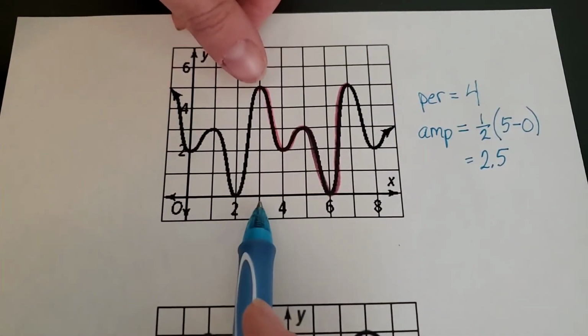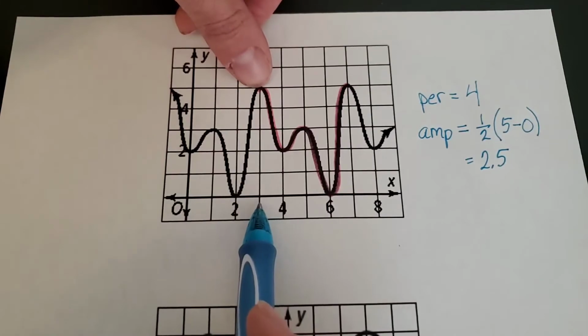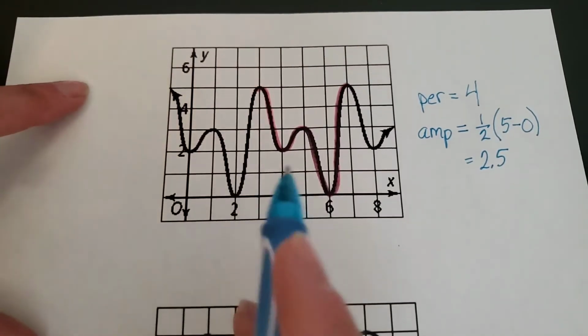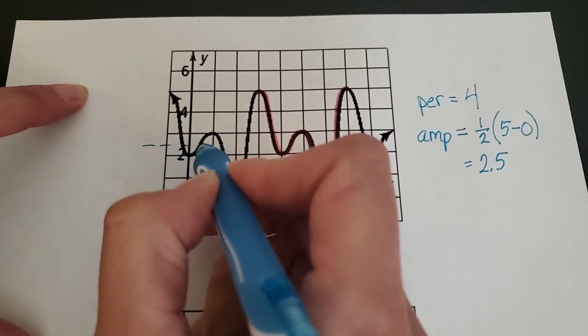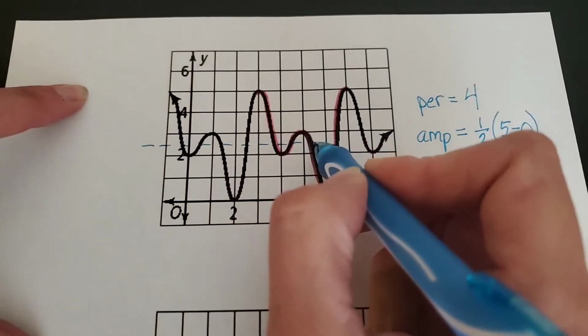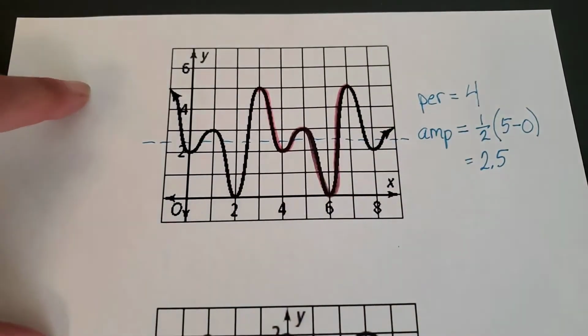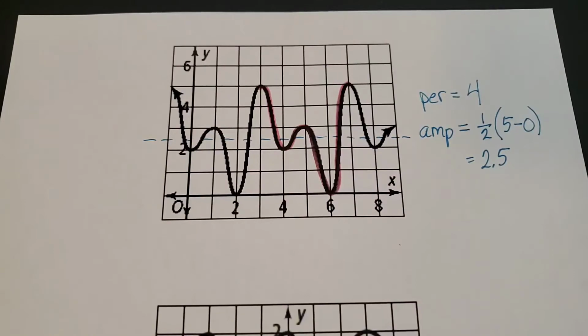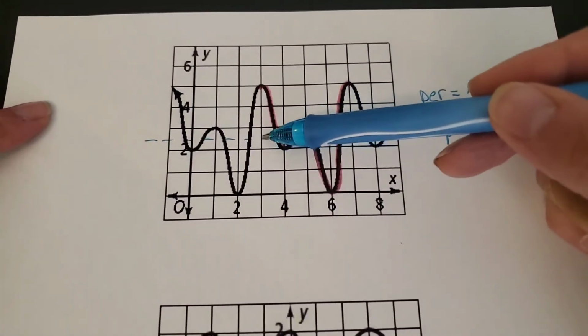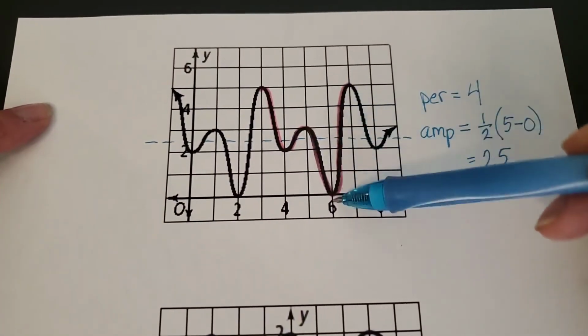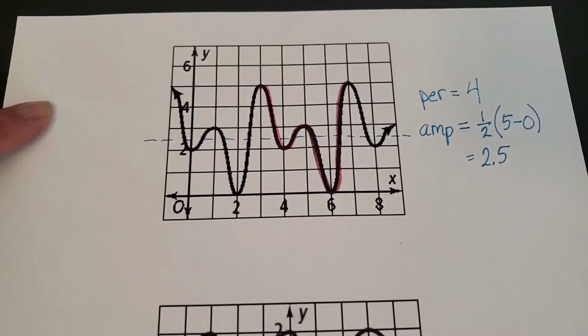If I look here and try to draw the midline, I'm going from 0 to 5, that midline would be right there. I'm looking, how much am I stretching above and below that line? Well, you can see I'm stretching 2.5 in either direction. All right.